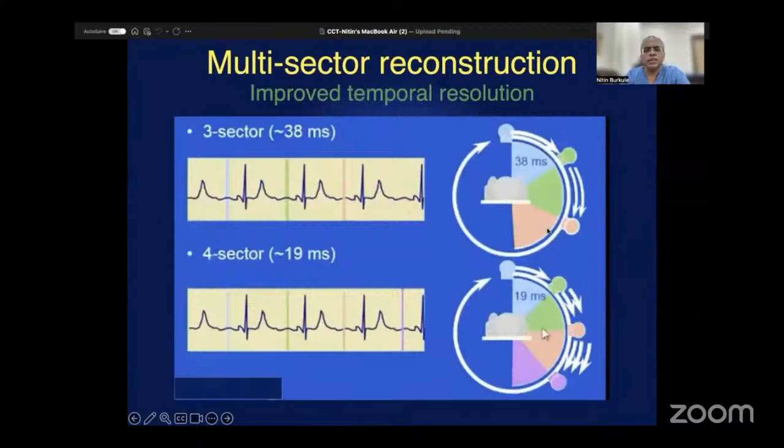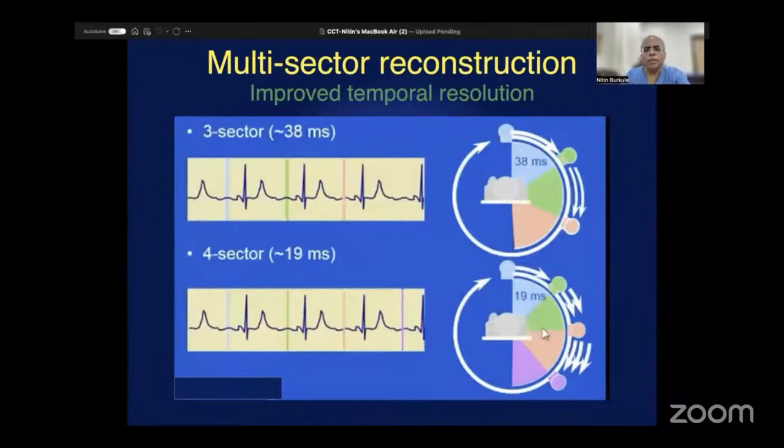So as you can see in this picture, you have acquired this 38 milliseconds in this cardiac cycle, the next 38 milliseconds in this cardiac cycle, and the next 38 milliseconds in this cardiac cycle. So you have almost improved your temporal resolution 3 times. For the simple reason that if it was 150 milliseconds for 180 degrees rotation, then you can achieve 50 millisecond temporal resolution by multi-sector reconstruction.